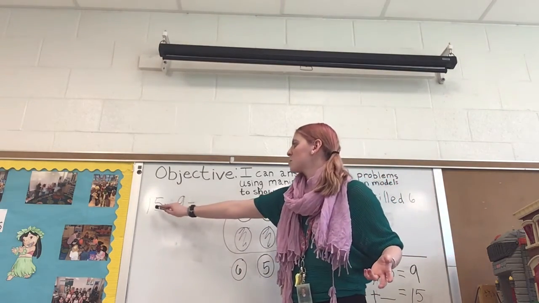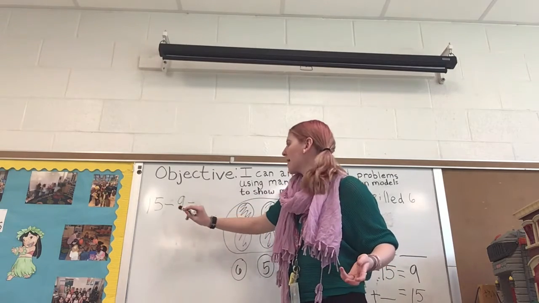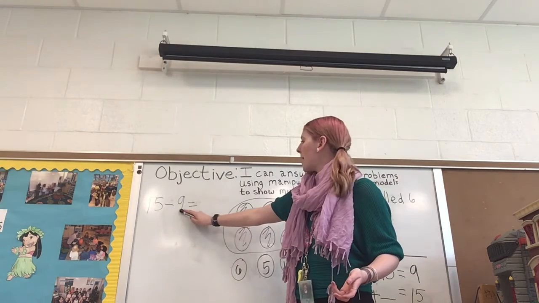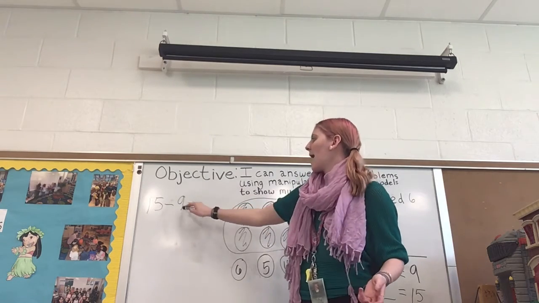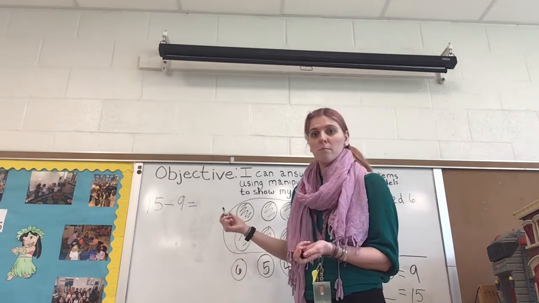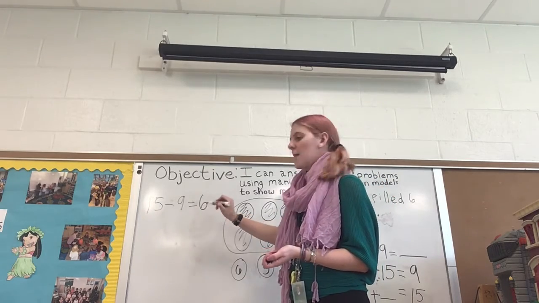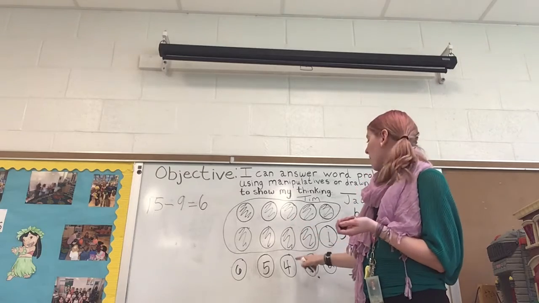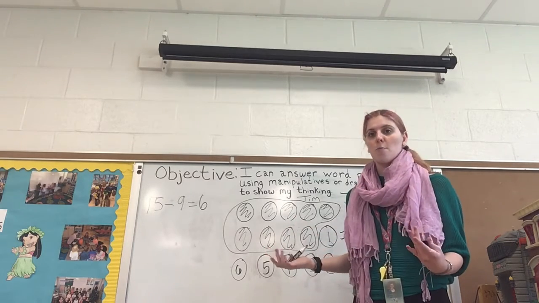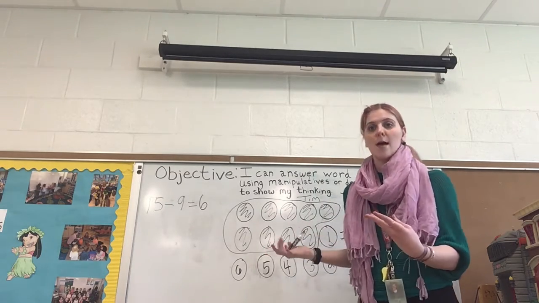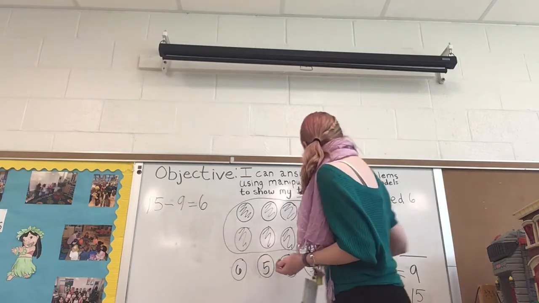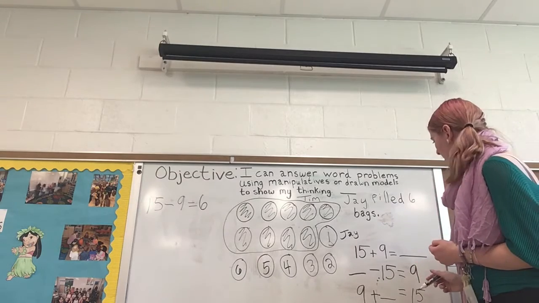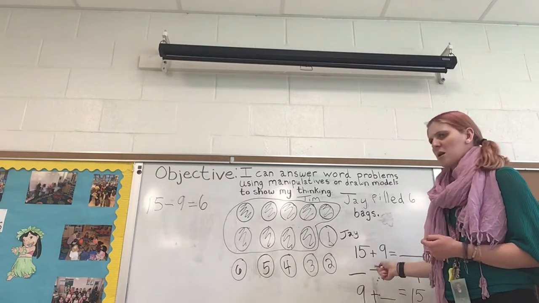I have to take the total number of bags and subtract the number of bags that Tim filled, 9. And you got 6. You knew that fact, and you also used manipulatives or drew a model on your paper to represent that, right? So you then went over to the number sentences and looked for the one that was subtraction.